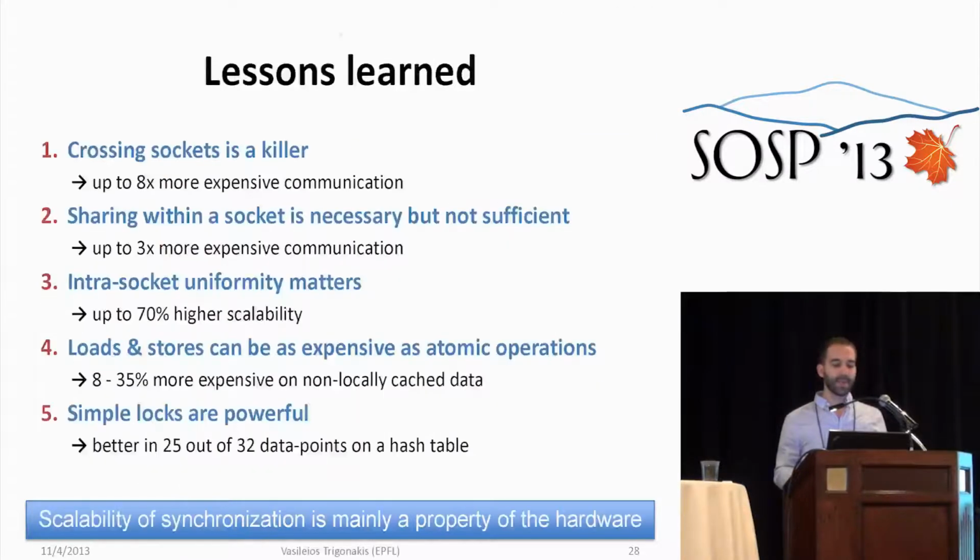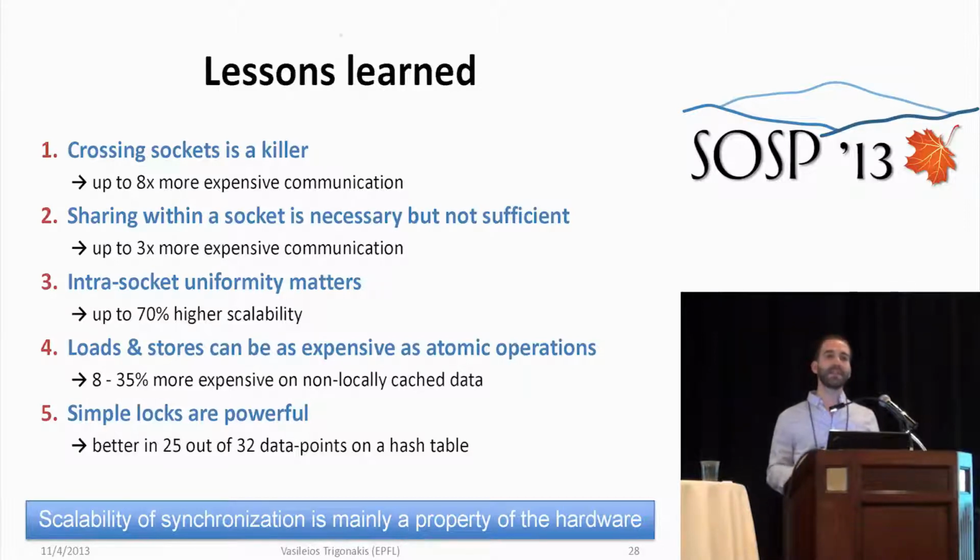So to recap, we saw why crossing sockets is a killer for the scalability of synchronization, since it leads to up to 8 times more expensive communication latencies. We then saw that even if you try to optimize for intra-socket sharing, your hardware might still induce cross-socket traffic under the hood and ruin your expected benefits of locality, and therefore sharing within a socket is necessary but not sufficient for achieving scalability.